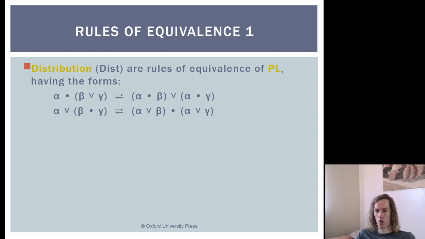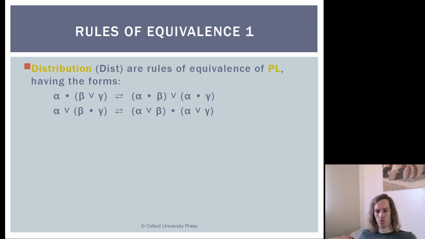Now, conversely, if we have a different well-formed formula that says alpha or beta and gamma, we know that either alpha is true or beta and gamma is true. Then we can change this to either alpha or beta and alpha or gamma.